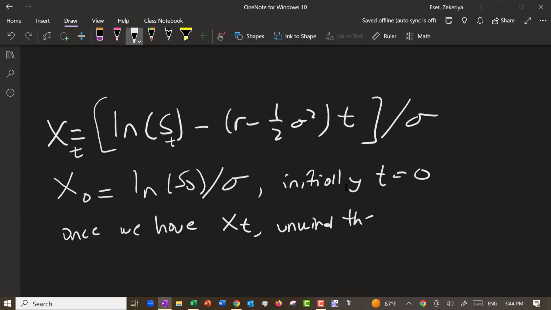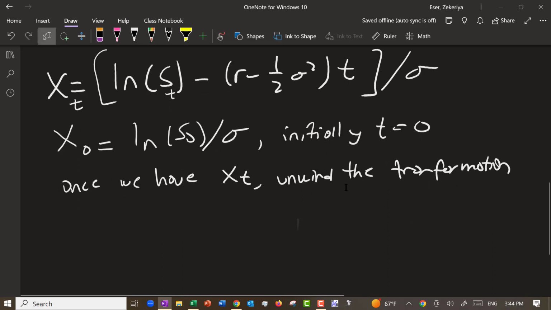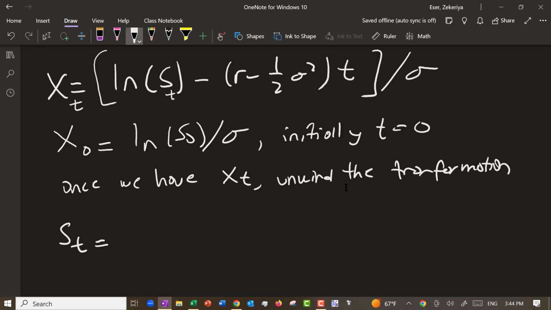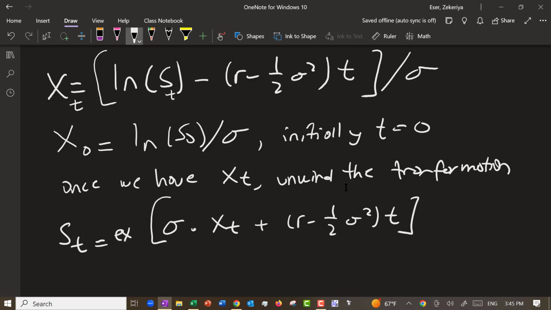Unwind the transformation. ST is going to be sigma times XT plus everything raised to the power E. Okay? We're just solving that transformation for XT.